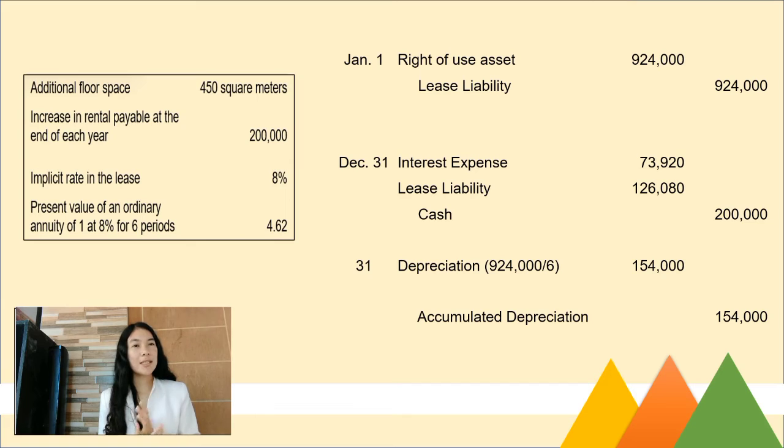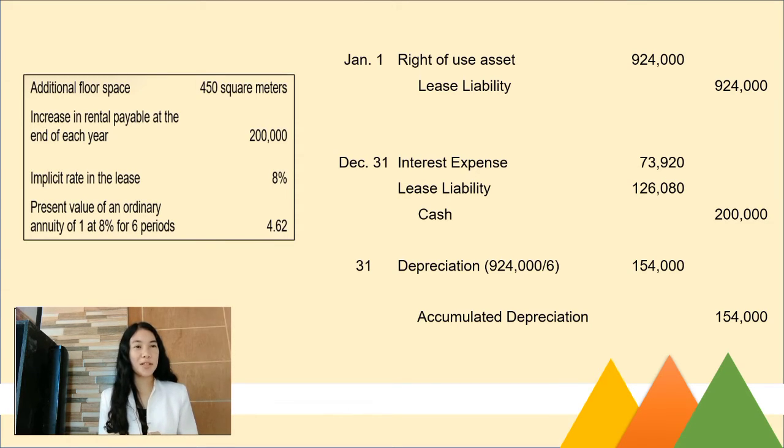It is the product of our present value as of January 1, 2023, or yung lease liability natin ng January 1, 924,000, and our implicit rate in the lease which is the 8%. Then yung debited lease liability natin dito is yung residual ng ating cash and then interest expense.